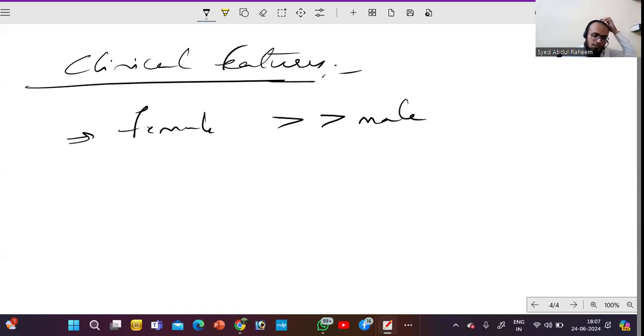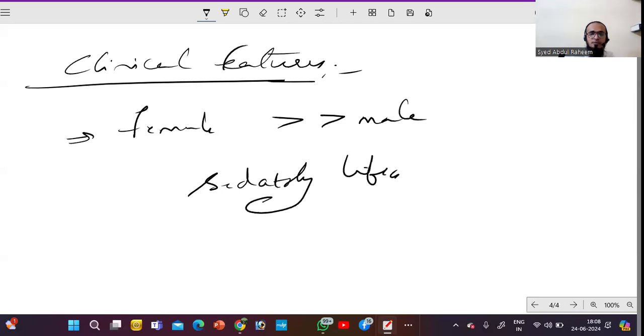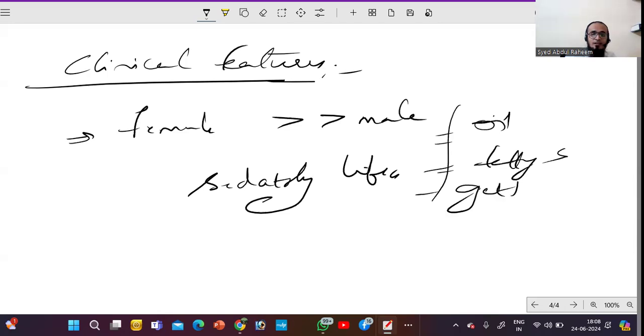Okay, and what is another reason behind it? This is also a sedentary lifestyle, using excess oil in food, use of excess fatty substances, and the third thing is getting delayed in eating food, not taking food on time.